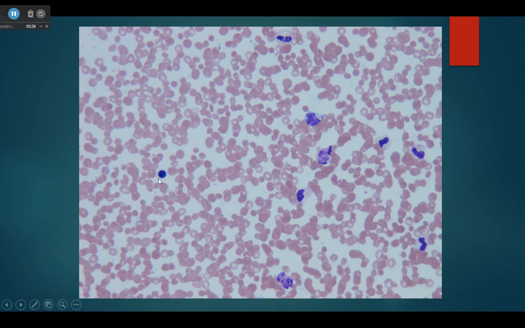You'll notice here we barely see any cytoplasm, so it's often described as a halo of cytoplasm. Because they're agranulocytes, they do not have any granules in their cytoplasm. And these guys do not eat. They are not phagocytotic.